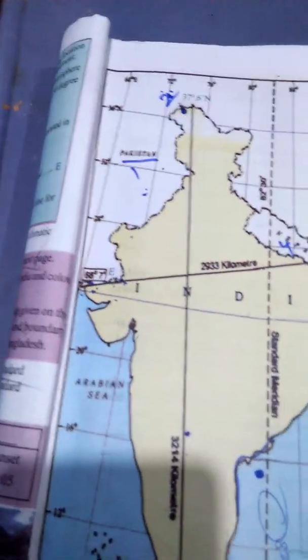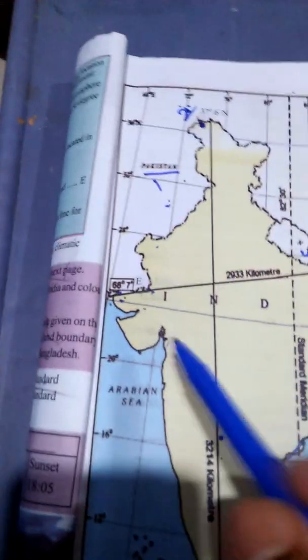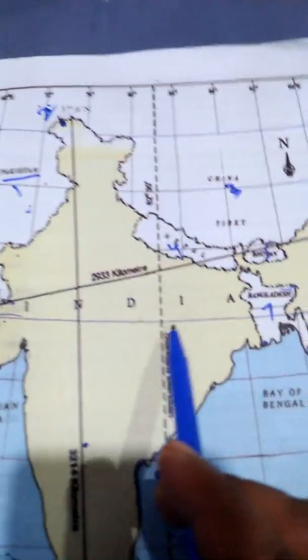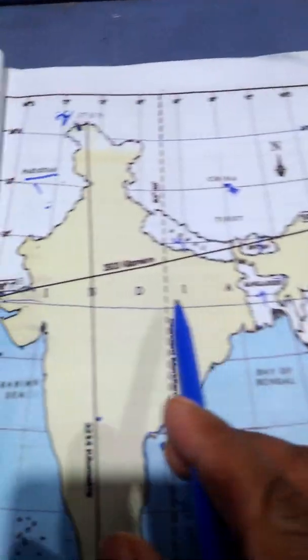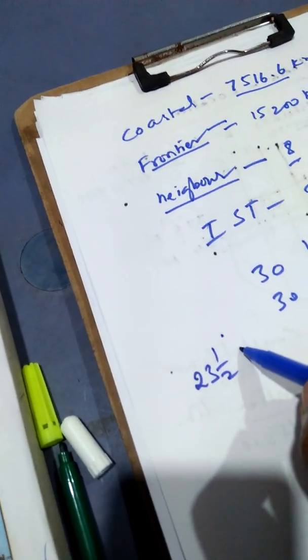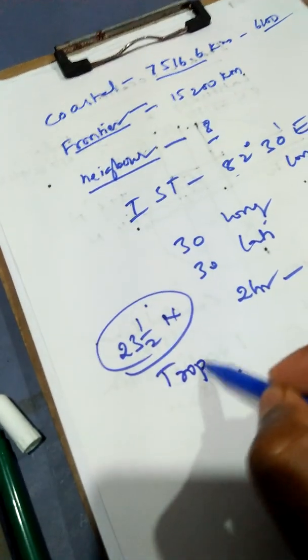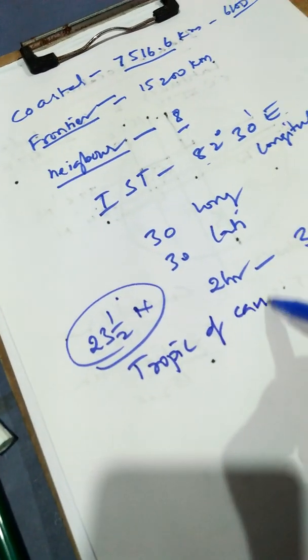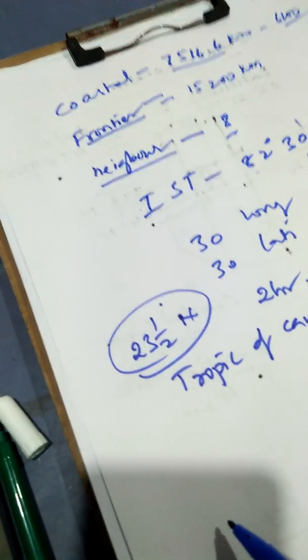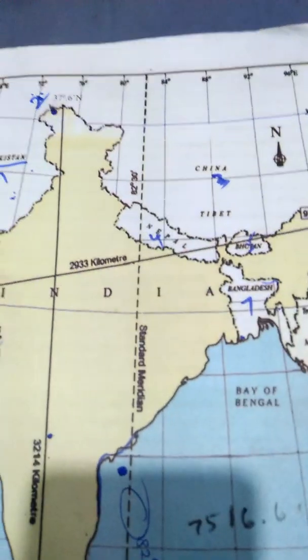Here, one more line we will see, a latitude: the Tropic of Cancer. This Tropic of Cancer, also known as 23 and a half degree northern latitude, passes through the middle of India.